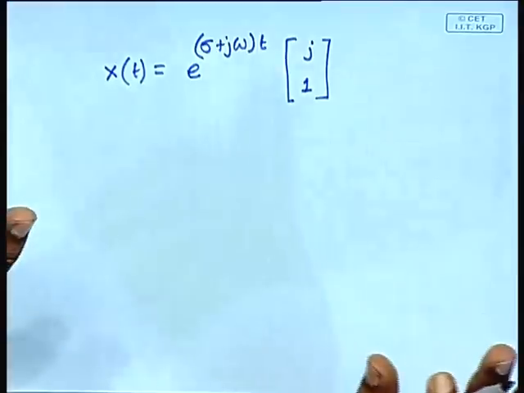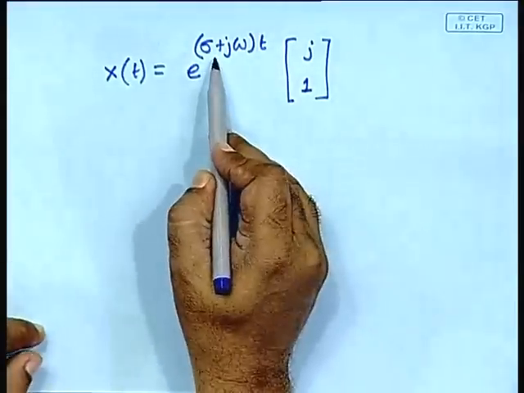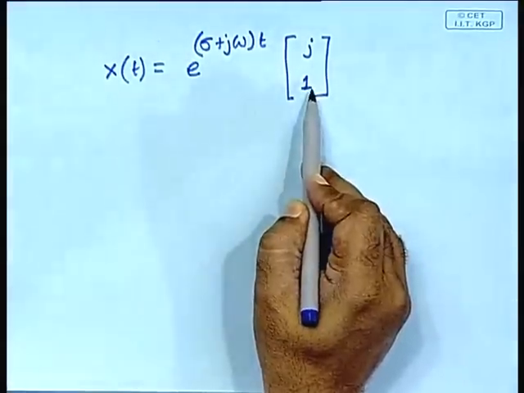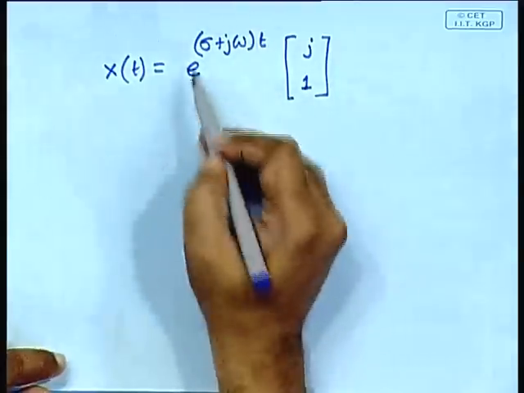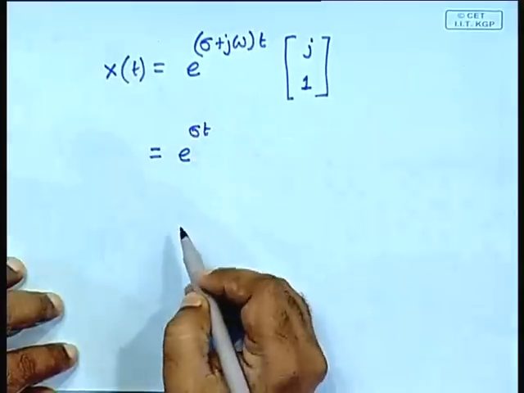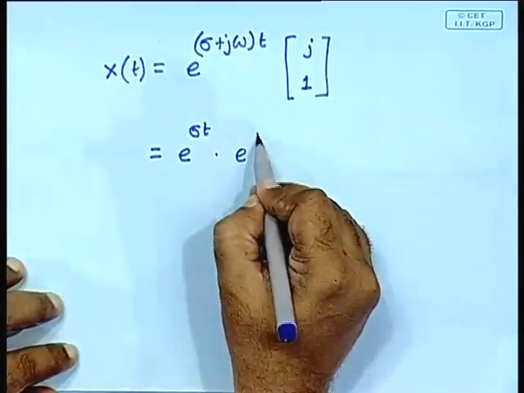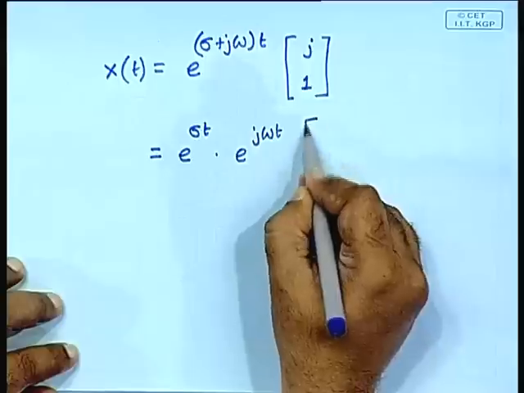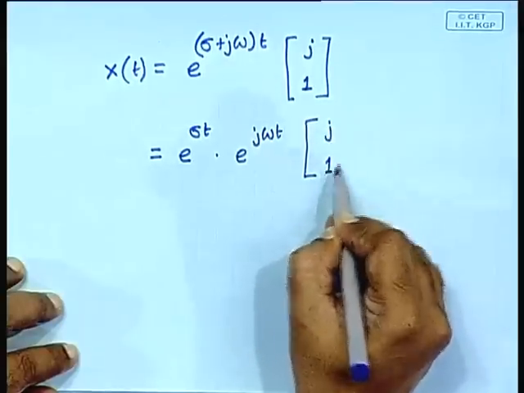Right, that will definitely be a solution, because this is the eigenvalue and this is the eigenvector. Now break it up. You have e to the power sigma t times e to the power j omega t times j and 1.